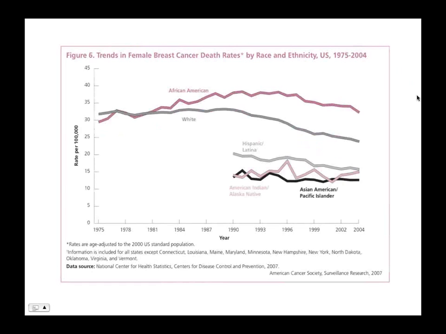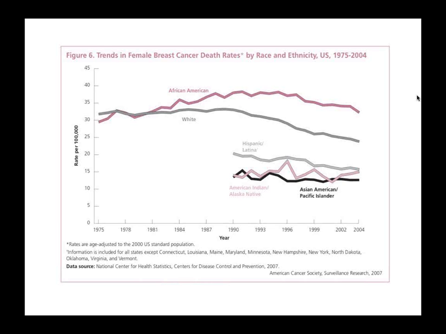And the same is true if you look at rates of death from breast cancer by race and ethnicity. You can see, again, disparities here. If you remember the last slide, I said that white women in the U.S. are much more likely to have a diagnosis of breast cancer than African American women.